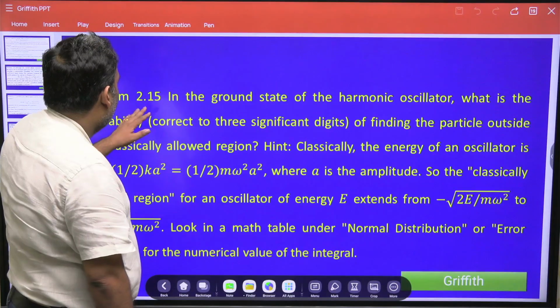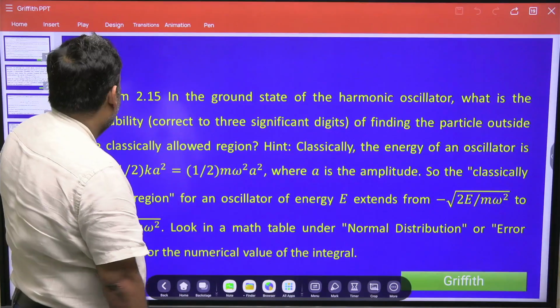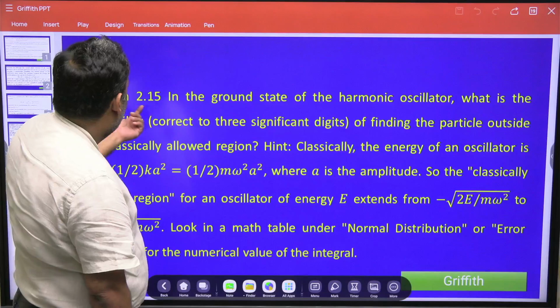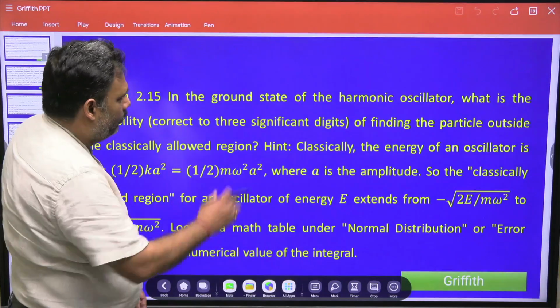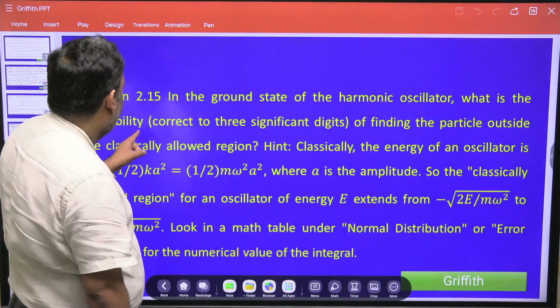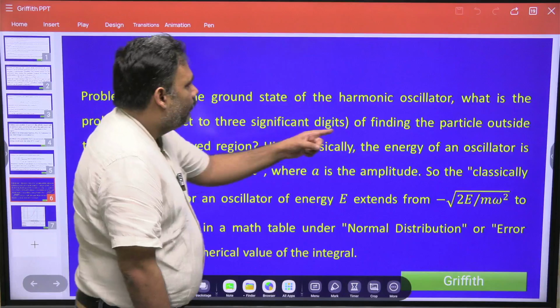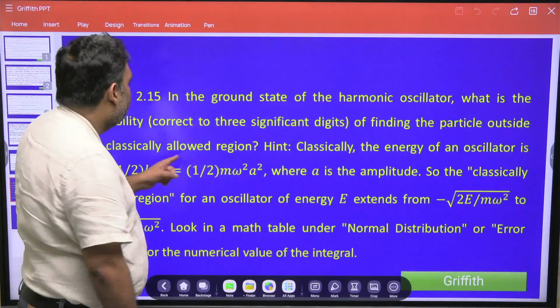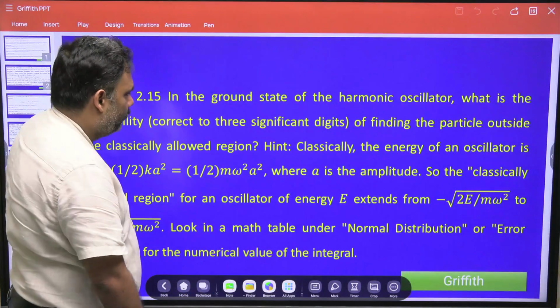In this problem, it is given that in the ground state of a harmonic oscillator, what is the probability of finding the particle outside the classical allowed region?